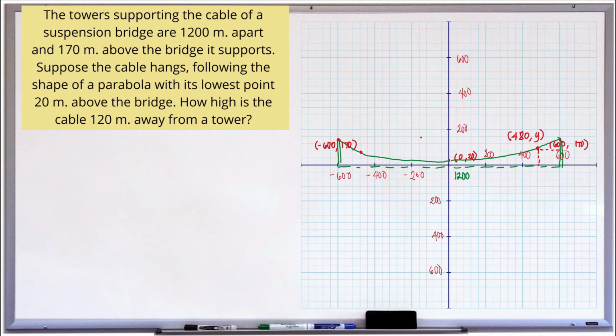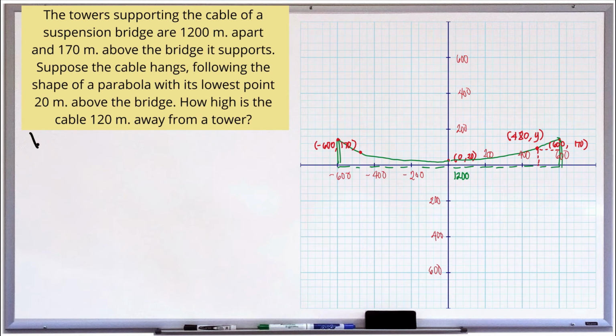After illustrating our problem, we have to determine our equation first. Our vertex is at (0, 20). Then, we will use the equation x squared equals 4p times (y minus 20). We can't use this point yet to solve for y because then we will have two unknown variables, the p and the y variable.